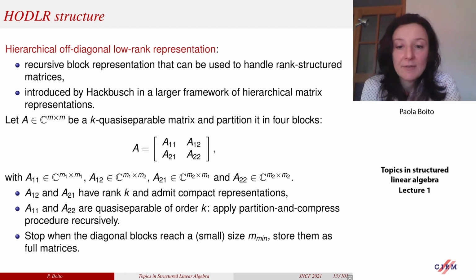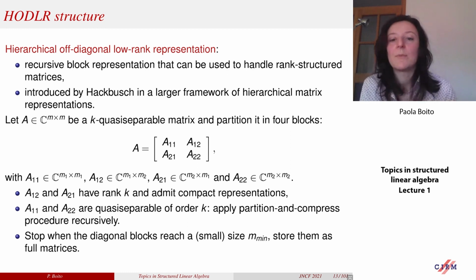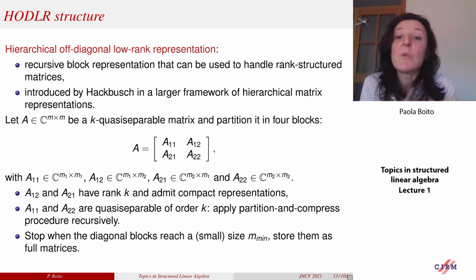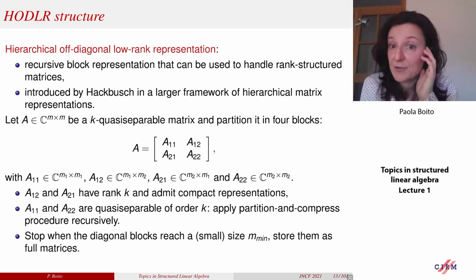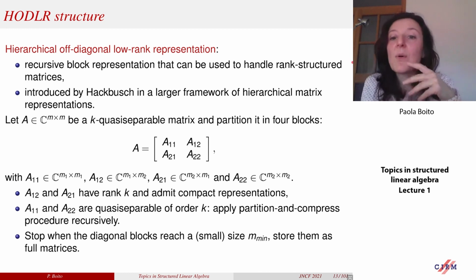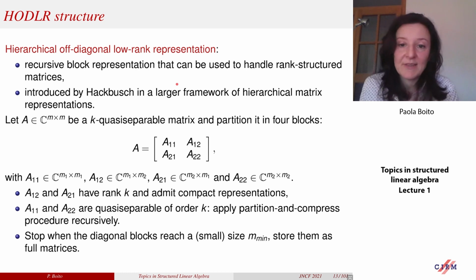It's a recursive block representation that is used for rank structure matrices, and in particular can be used for quasi-separable matrices. It was introduced by Hackbusch in a larger framework of hierarchical matrices and representations for such matrices, stemming for instance from differential equations. So what's the main idea in this kind of representation?